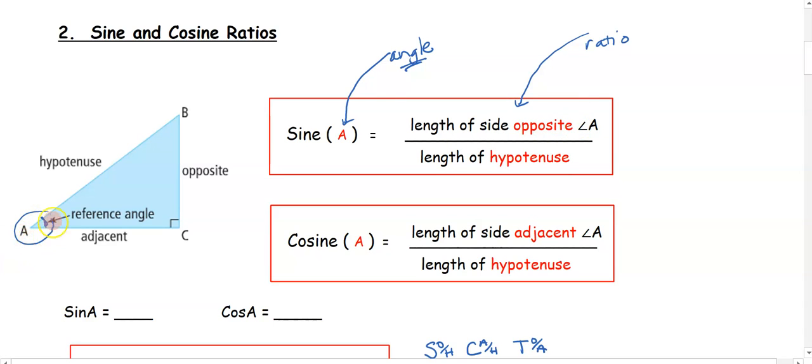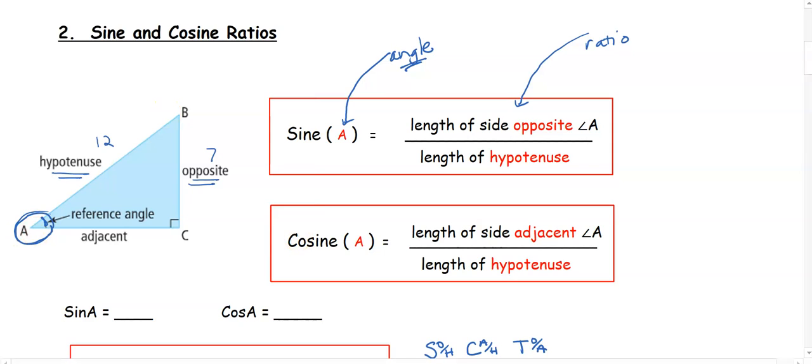So if I'm using this angle, the sine ratio in this triangle, the sine of angle A, is defined as the opposite side as compared to the hypotenuse. If this was 7 and this was 12, my sine ratio of angle A would be 7 over 12, or BC as compared to BA.